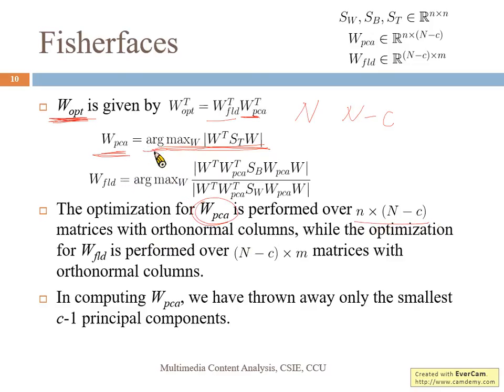And then after we do such linear projection, we find the best projection matrix that maximizes the ratio. So WFLD is performed over an n minus c by m matrix to find the orthonormal columns. So this is the final formulation. So in computing WPCA, we have thrown away only the smallest C-1 principal components.